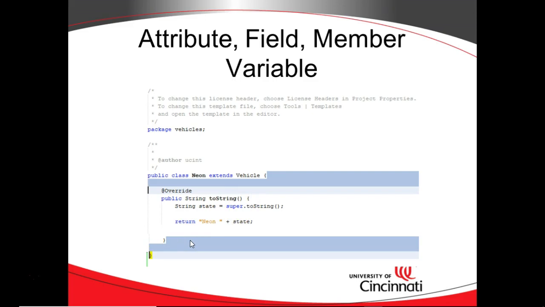We also called them member variables. Any of those words are interchangeable. If I say attribute and you say field, we're both talking about the same thing. An attribute typically describes a class, and also it is available inside of all of the methods within a class. So if you need one method to have a variable it shares with another method, consider making it an attribute.